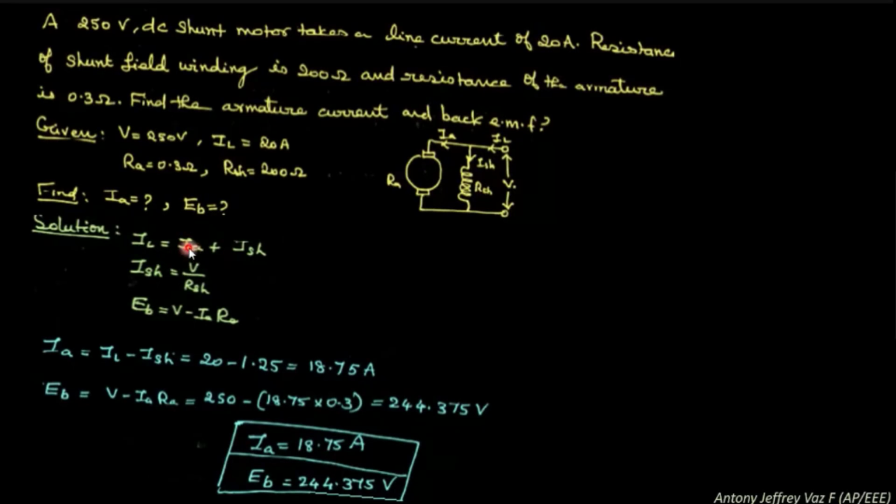After finding it, you can substitute the armature current over here. EB is equal to V minus IARA. In the next step, we will be substituting the IL value and ISH value to find the IA value. Next, we will be using the voltage formula, EB is equal to V minus IARA. Here, V is known, IA is known, and RA is known. So we can substitute all the values and we can find the EB value. Thank you.